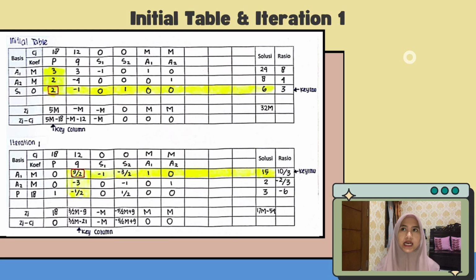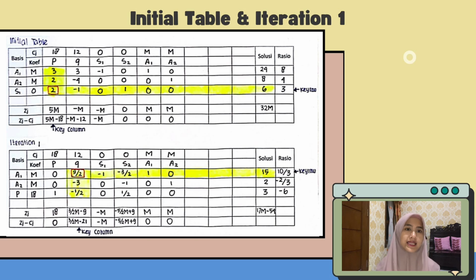To select the key column, look at zj minus cj, the subtraction between the total objective function column and cj. Choose the column with the largest positive value for minimization, so choose 5M minus 18, and that column is the key column.